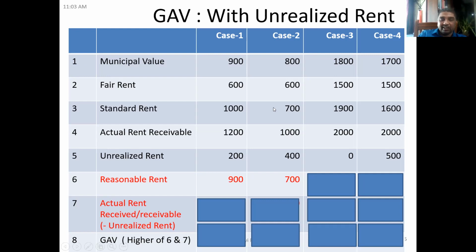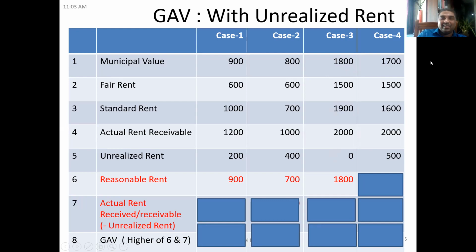Sorry, the second is 700, because the standard rent of 700 is there, so the maximum it can be is 700. Okay, got it. Third case: 1800 and 1500, whichever is higher. What is higher? 1800. Is it exceeding the standard rent of 1900? No. So the answer is 1800. Then 1500.